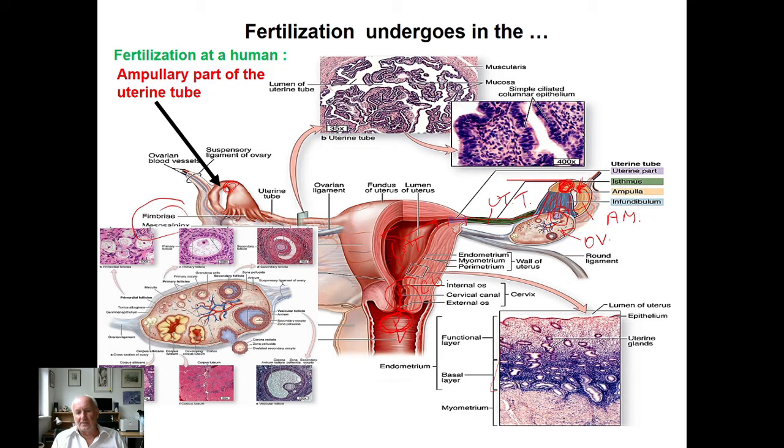Such a long distance. It's a long distance for a sperm which is 60 to 65 micrometers long. It has to, let's say very simply, swim, get through a distance around 14 centimeters to find the oocyte in the ampullary part of the uterine tube.